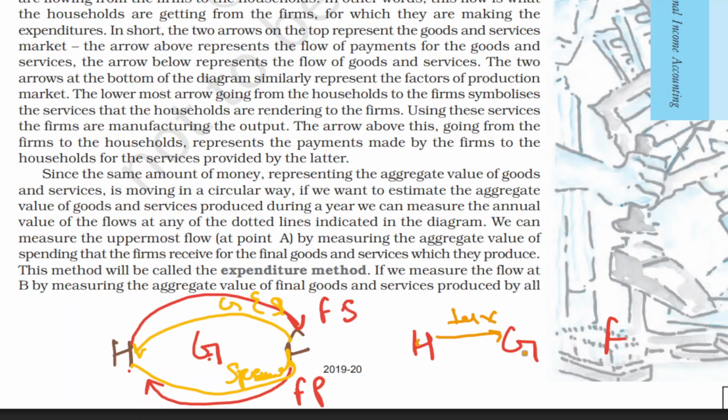Household provides taxes to the government, and government provides benefits in the form of subsidies, like the cylinder subsidies you get, some other subsidies like Sarva Shiksha Abhiyan type subsidies you get, education loan you get at 0% rate of interest. That is a kind of subsidy you get, right? So the relation between household and the government is of taxes and subsidies.